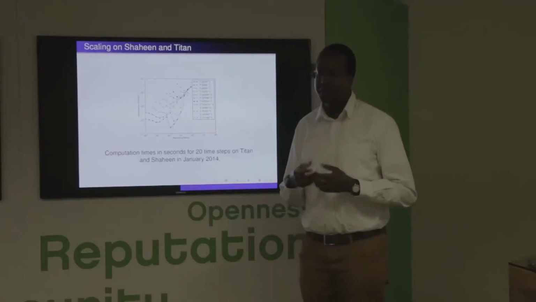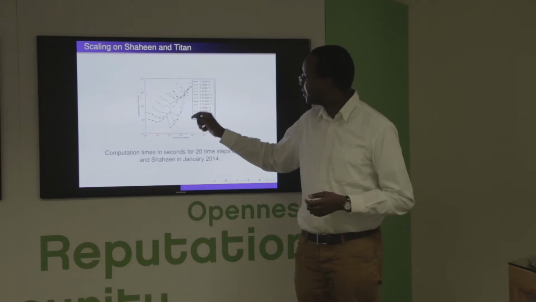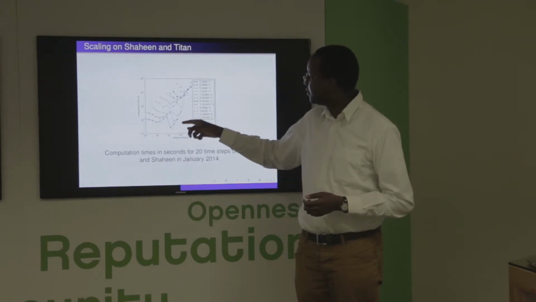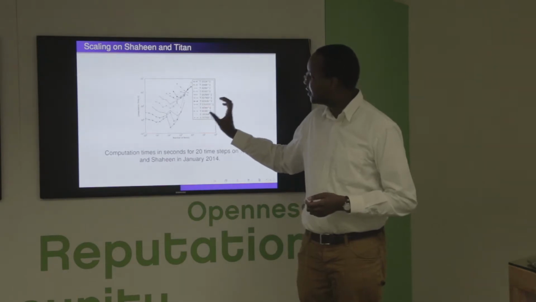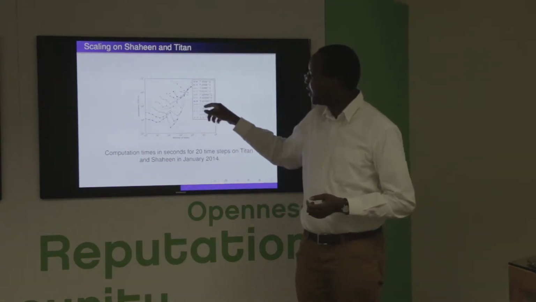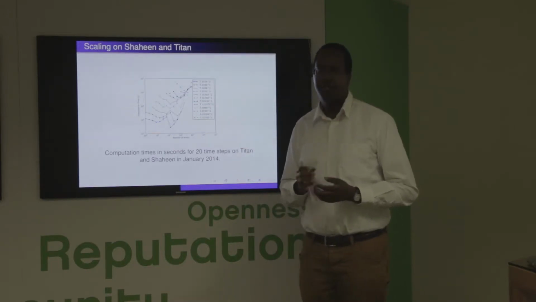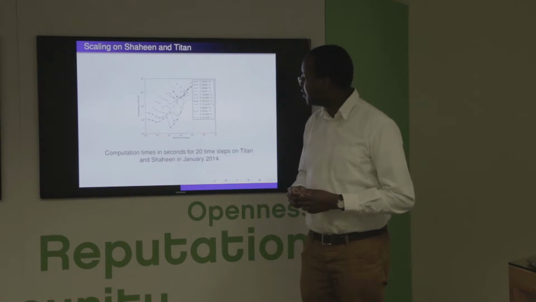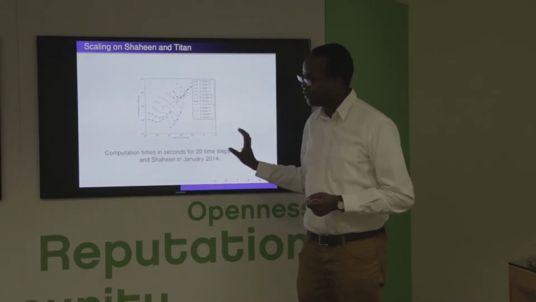On the GPUs, the speedup as you add GPUs doesn't improve too well, but suddenly jumps. The time on Titan was always much better for equivalent problem size than the time on Shaheen. But on Shaheen, you had a very nice decrease in computation time as you increased the number of cores you used.